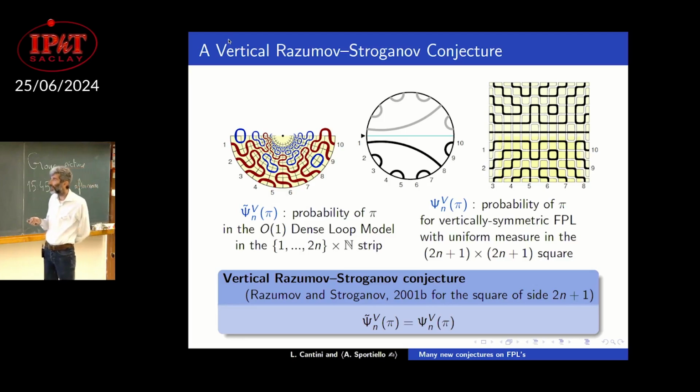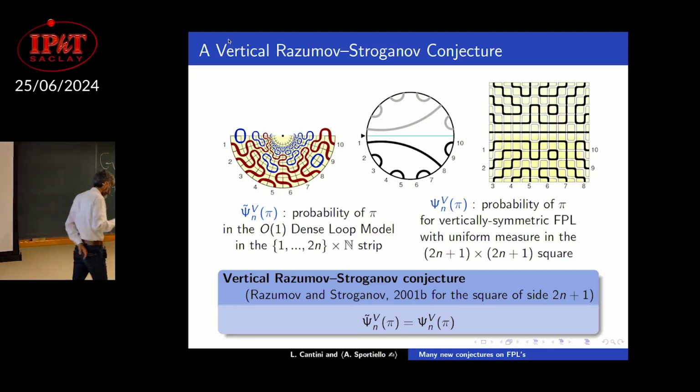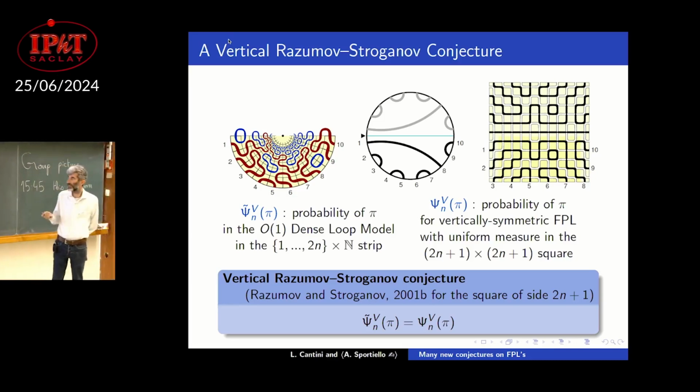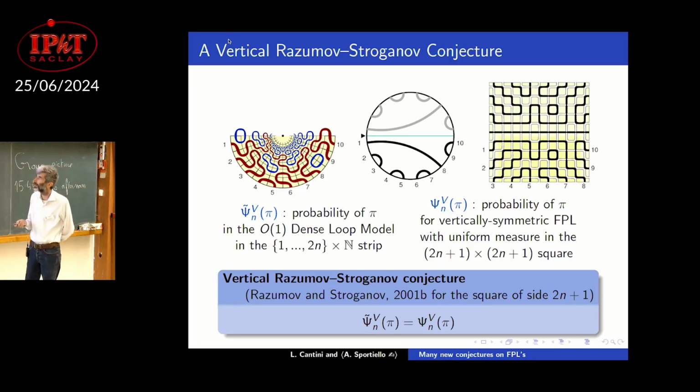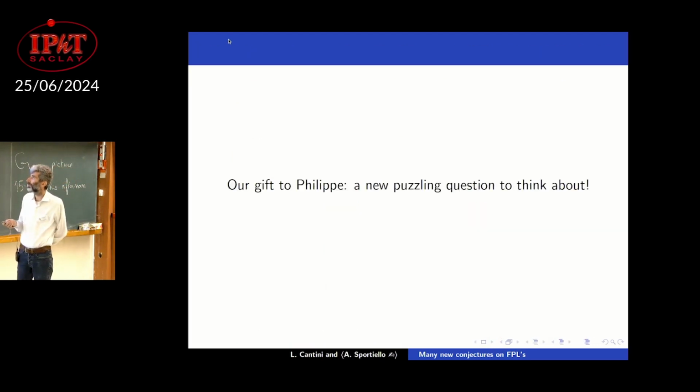And this conjecture is open so far, and we have been thinking about that repeatedly because it is unsatisfactory that we don't have a proof for this. We think we understand the whole family which generalizes the dihedral domains in the vertical case, but we don't know why any of these domains satisfies the conjecture. And so here's the question.